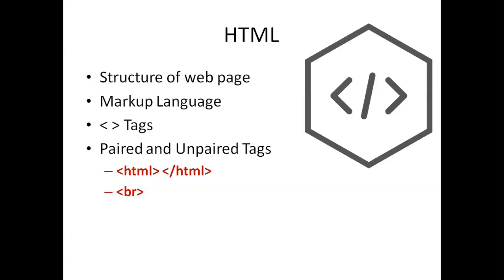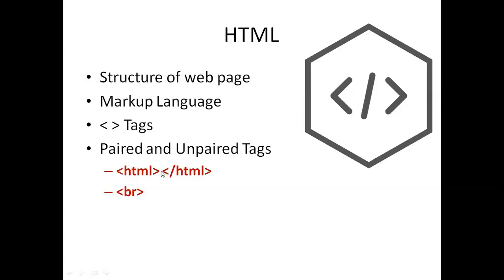It is a markup language which is written within tags. There are two types of tags, paired and unpaired tags. For example, here we have the HTML parent tag. This is a paired tag. So for a paired tag, you write HTML, that is the name of the tag.